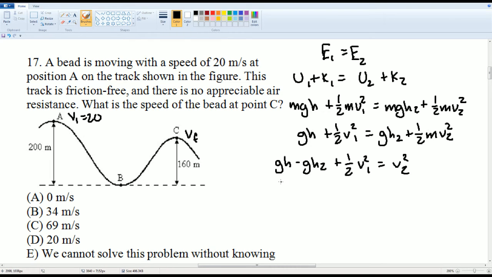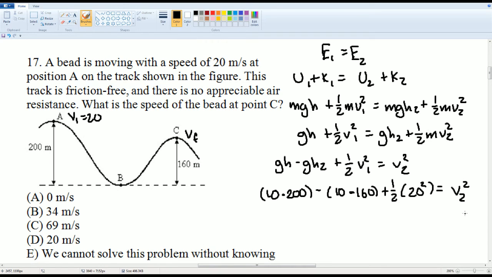Okay, so 10 times, what's the height? 200 meters, subtract 10 minus what? 160 plus 1/2. V initial is 20, square that is equal to v squared.